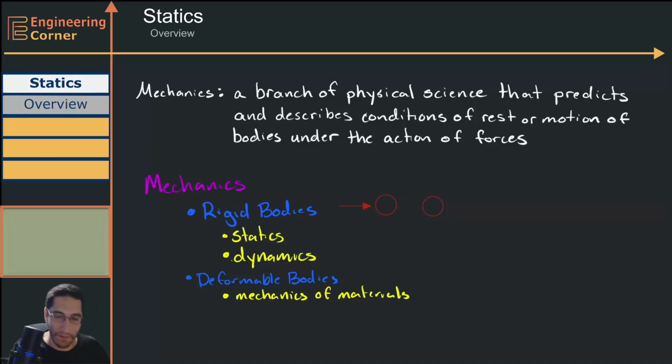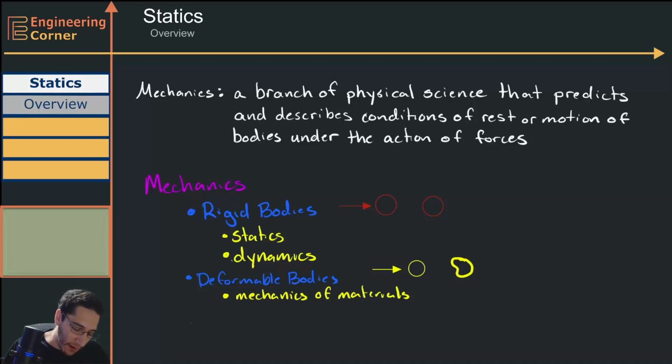So deformable body means something to the effect of when I apply a force to my object, the object might deform a little bit. So maybe it's not a perfect circle anymore. And we relax that rigid body assumption.